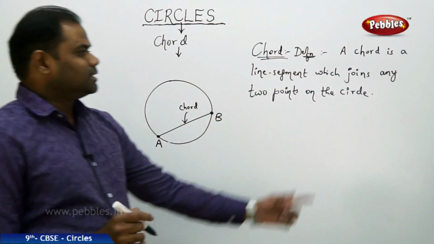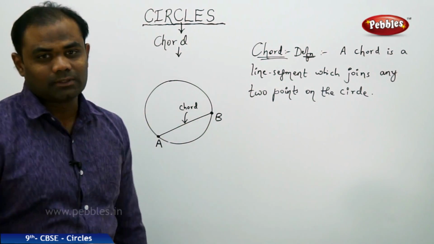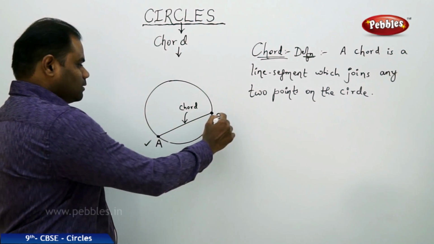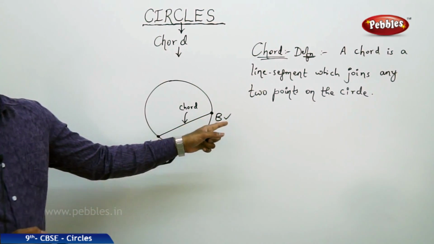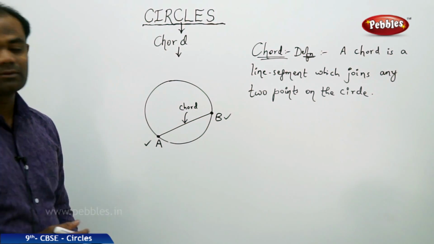So a chord is a line segment which joins any 2 points on the circle. In this case, the 2 points A and B are joined to form a line for the circle, and this line AB is called the chord.